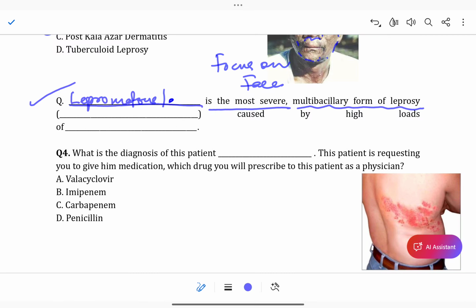Lepromatous leprosy is the most severe multibacillary form of leprosy, also known as Hansen disease, caused by high loads of, what is the causative agent? Mycobacterium leprae.